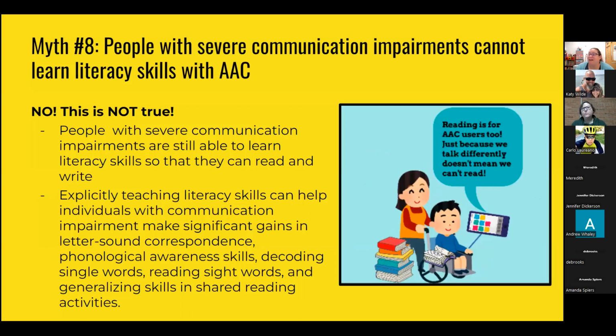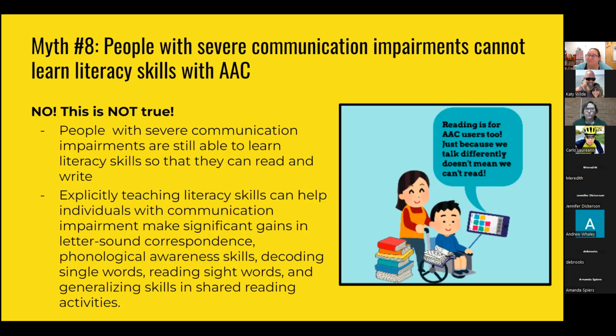And finally, for people who have severe communication impairments, there's this perception that they can't learn literacy skills with AAC. And I think this is so frustrating, but it's absolutely not true.